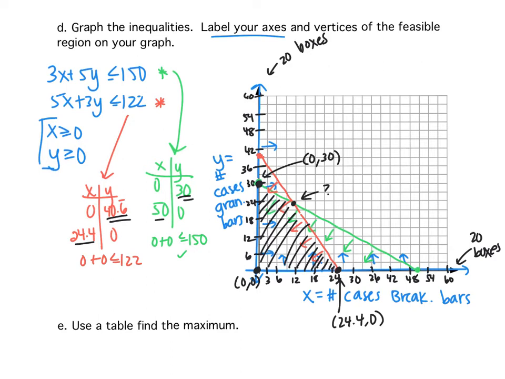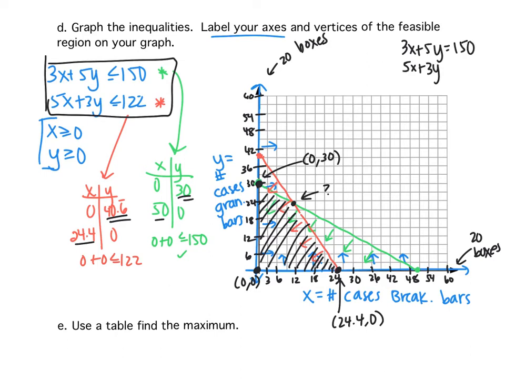So what I'm going to have to do is look at those two lines, the red and the green one, and figure out where they intersect. So I'm going to solve that system all the way over to the right. I have 3x plus 5y equals 150, and 5x plus 3y equals 122. If I eliminate my x's, I can multiply the top equation by 5, multiply the bottom equation by negative 3, so then I'll have 15x and negative 15x.